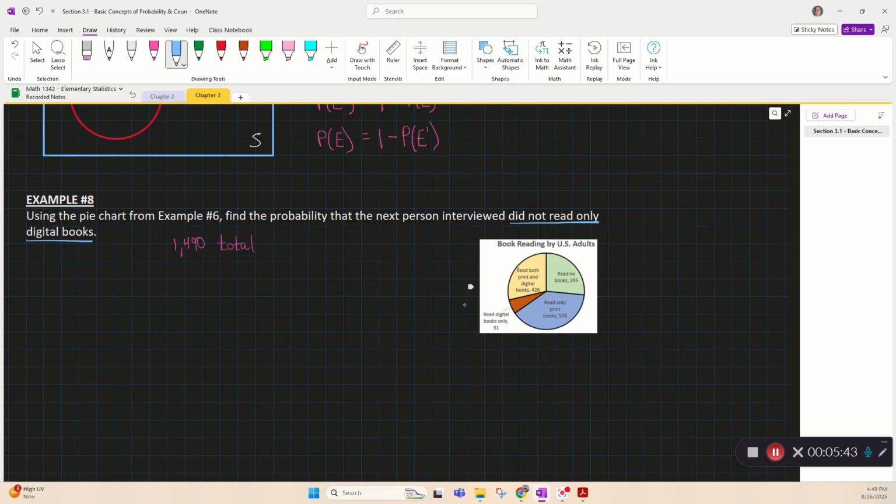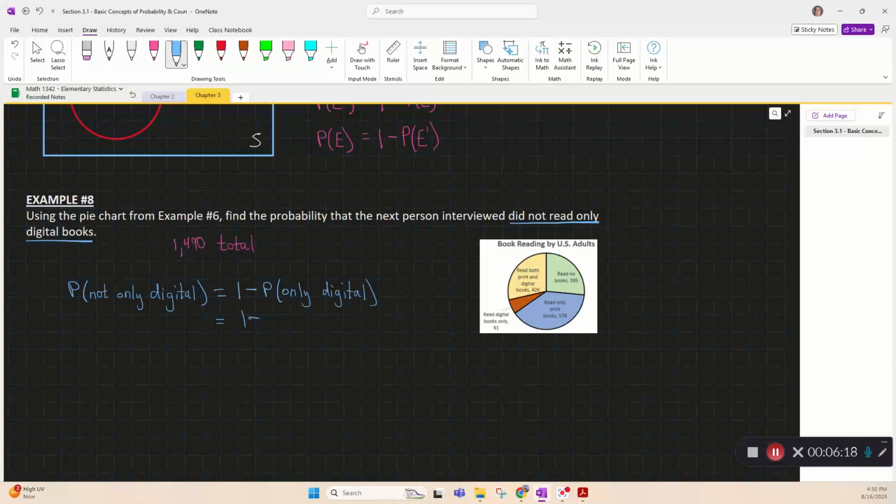Well, it says that 91 read only digital books. So the probability that they did not read, so not only digital, would just be 1 minus the probability that they read only digital. So 1 minus the probability, oh, I don't even need probability.